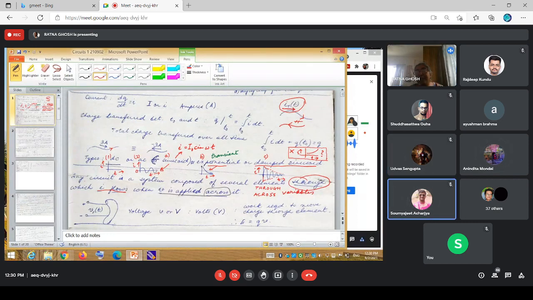VI is power, so the integral of VI dt is your energy, right? So energy is neither a through variable nor an across variable. It must have a through variable and an across variable in it, right?